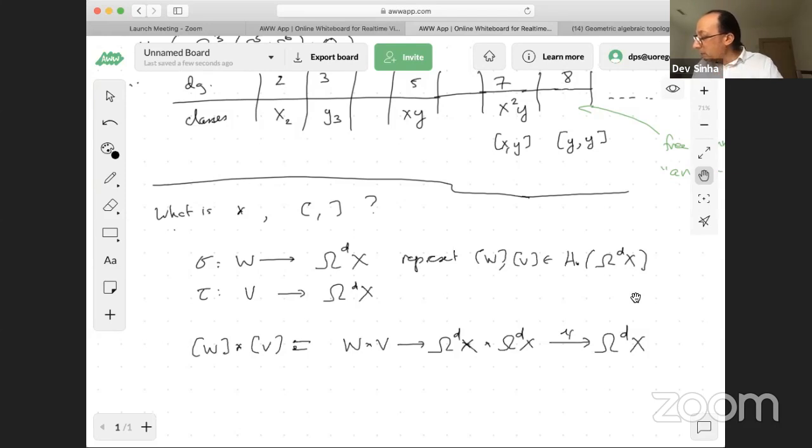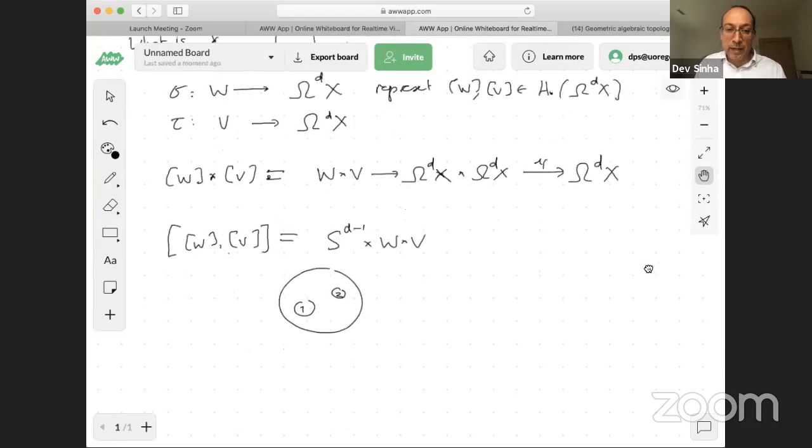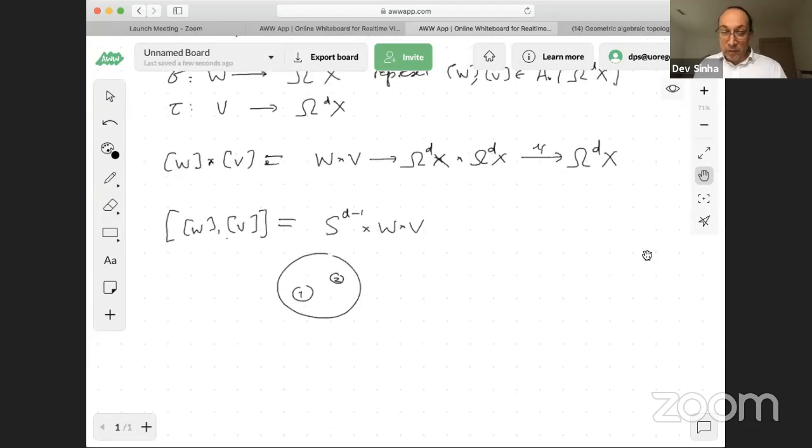But then what about this bracket? This is poor notation, I realize now. Well, what I can do is, for every choice of how to multiply, so you think about all the relative positions of 1 and 2 there, they give me a different way to multiply the quote unquote loop sum, the sphere sum.